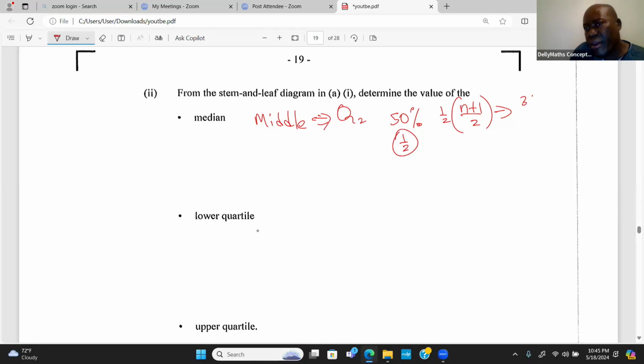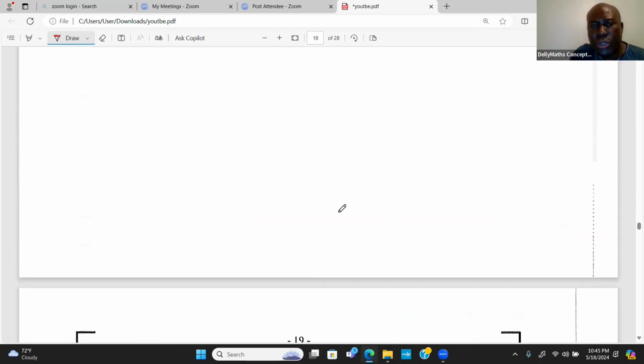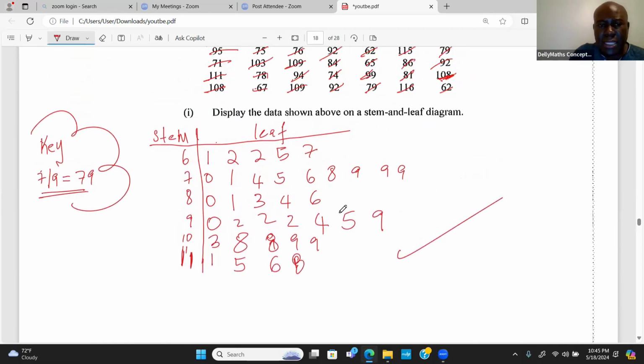So remember now, 35 plus 1 over 2, that is actually 36. We're in search of half of that, so we are in search of the 18th term. So what we want to do is to count the 18th term. 1, 2, 3, up to 18.